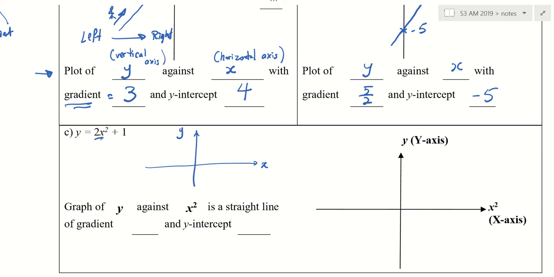Now, 2x squared looks like what kind of line? E Math chapter 6, the U shape. Then I have a plus 1, so can everyone draw? The graph actually looks like that.